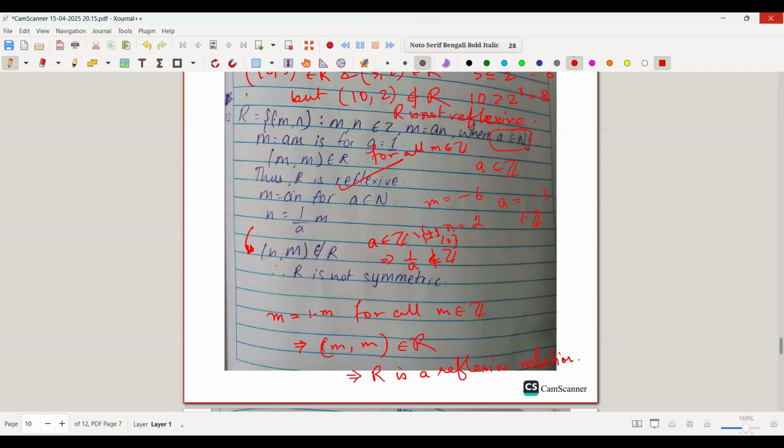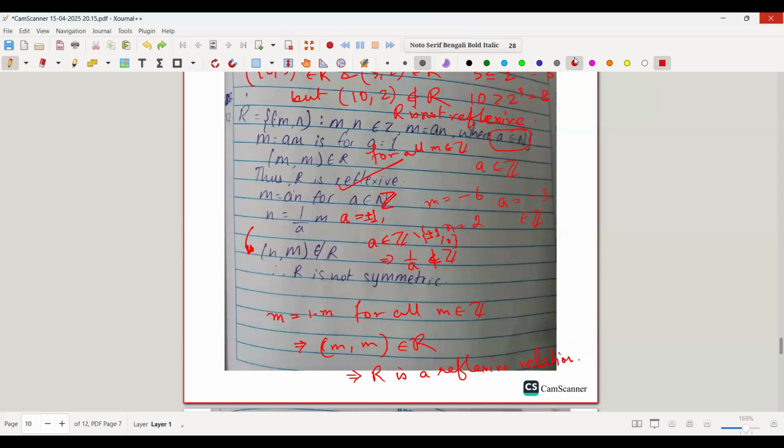And if m equal to an, a belongs to Z, if a equal to 1 or minus 1, not 0, then this relation is true. So that means there is an element for which this relation is not true.